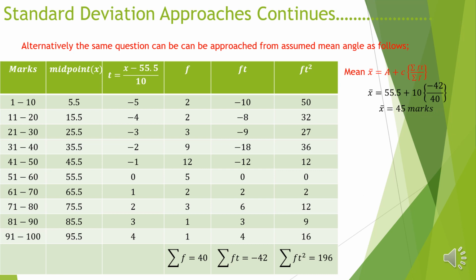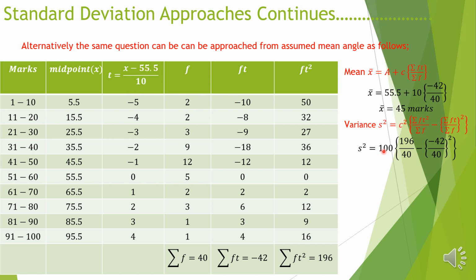Then I'll proceed on to variance, and this variance can be gotten by taking the c squared, this scale. Remember, we divided, so we are going to multiply. So we are going to have c squared into bracket summation of ft squared over summation of f minus the summation of ft over summation of f, then squared. Once we have that, I'll require that we substitute the values from here and here. So here we're going to have c, because c is 10, so 10 squared will have 100.